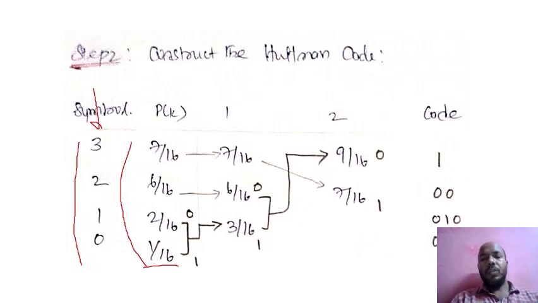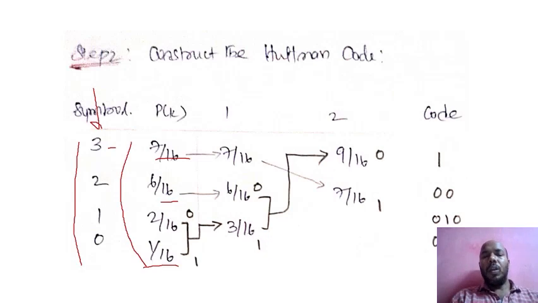Compare with the existing 7 by 16 and 6 by 16. The new compound symbol probability value is 3 by 16, which is lower than these two symbol values, so in descending order there are no changes: 7 by 16, 6 by 16, and this compound symbol with probability 3 by 16.